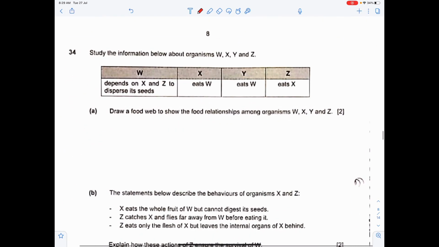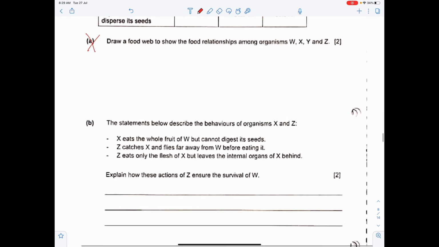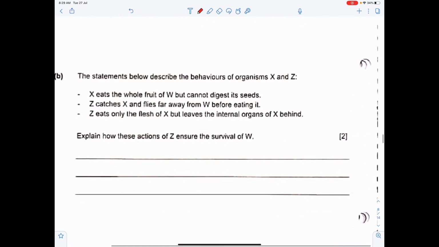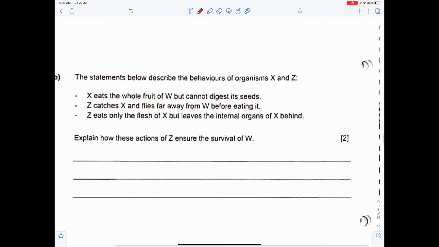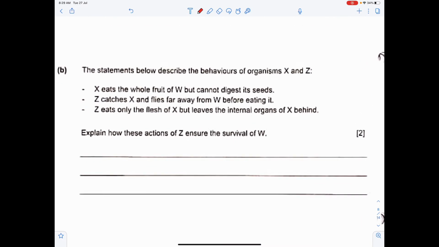Okay, we are not going to do A, we are going to do B. Now this question was very, very poorly done. Let's go through this and see what you think the question is asking for. The statements below describe the behaviors of organisms X and Z, doesn't matter what they are.